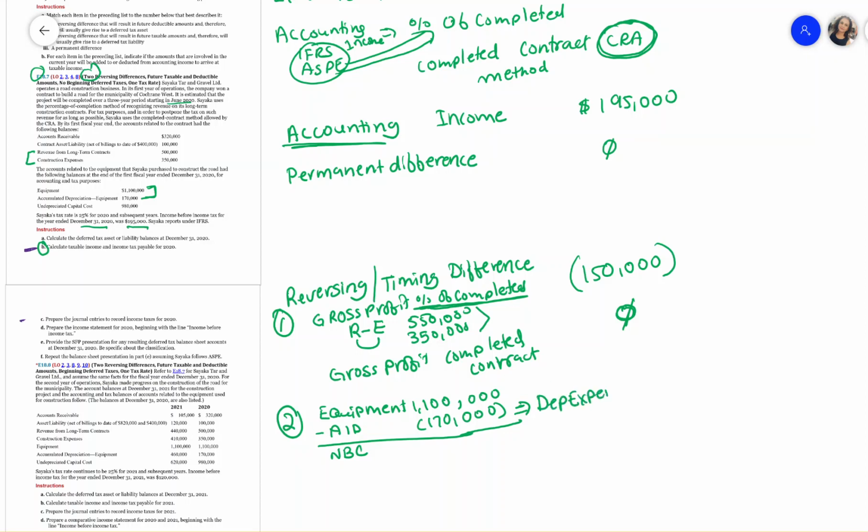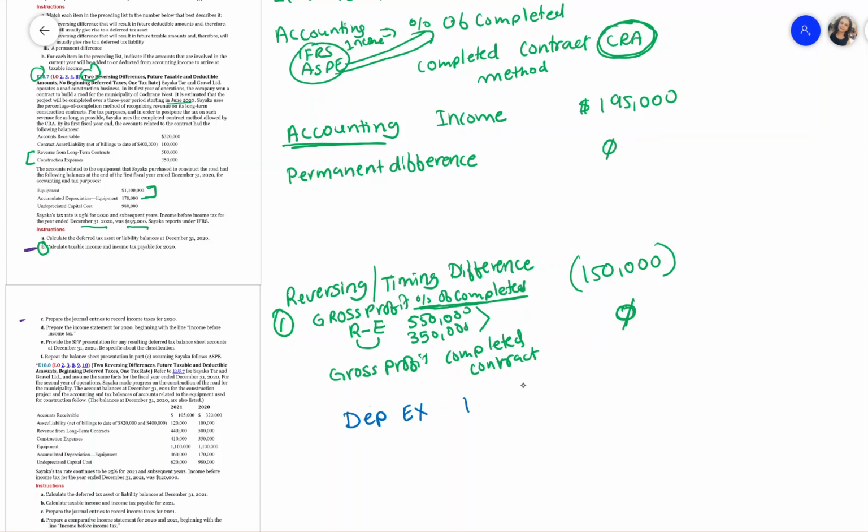Since this is the first year, whatever my accumulated depreciation is, is also my depreciation expense: debit depreciation expense, credit accumulated depreciation. I was going to show you the deferred taxes, but I don't want to show you that till later. So using the accounting method of depreciating this asset, our depreciation expense will be 170,000. Whatever depreciation we have taken, we have to add back.